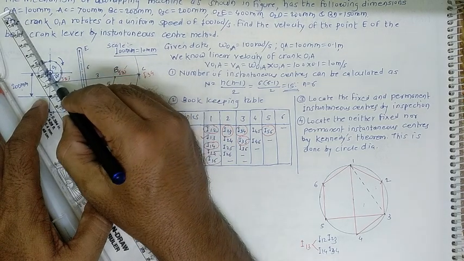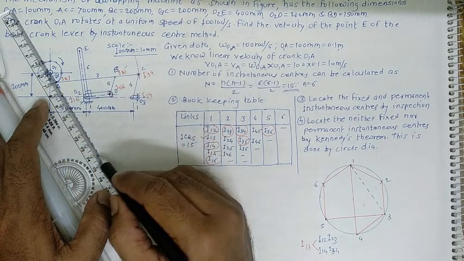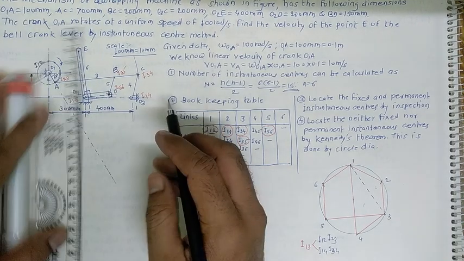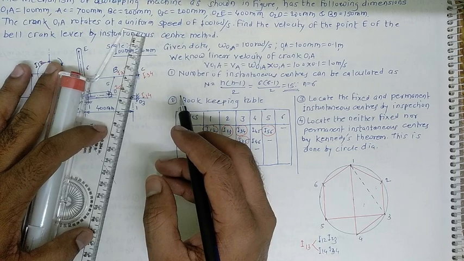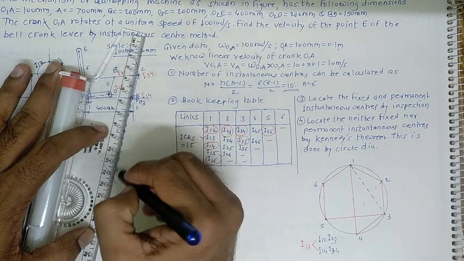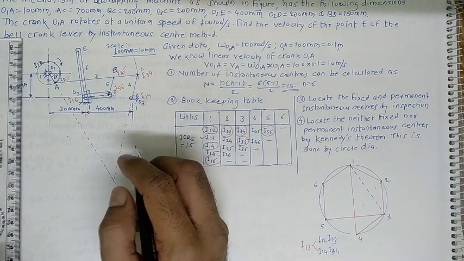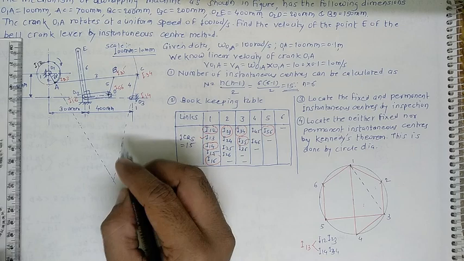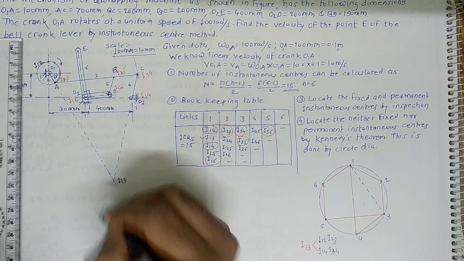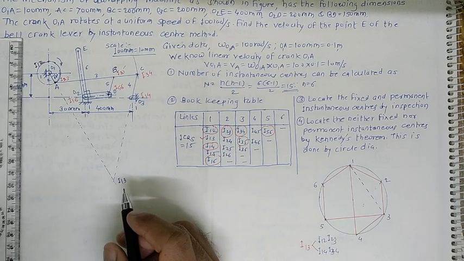I'll extend this one by a construction line in this way, and extend the other line so that the intersection of both lines occurs at this point. This point is nothing but I13.